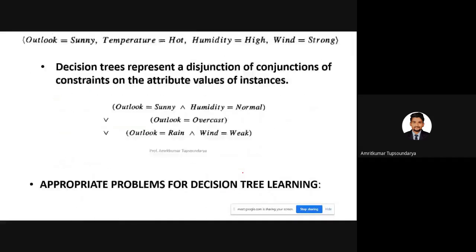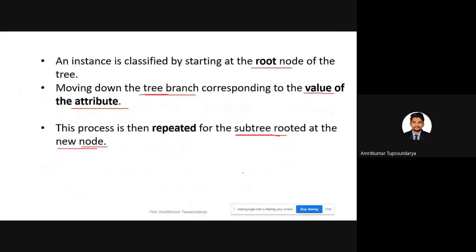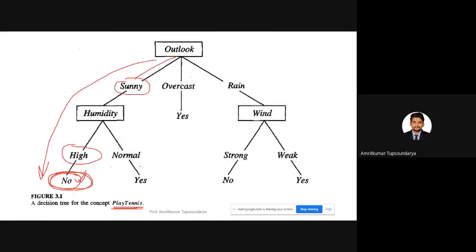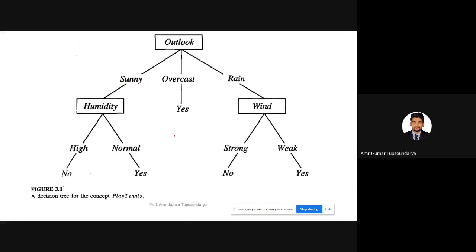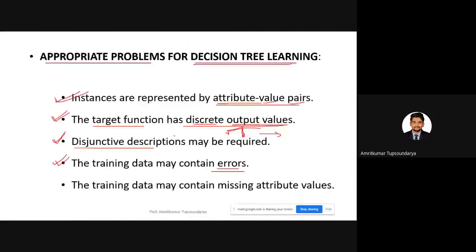Errors not just with respect to the attributes, but errors with respect to the attribute values also can be handled well in the decision tree. So if we encounter such a data set, these problems can be processed using decision tree methods.